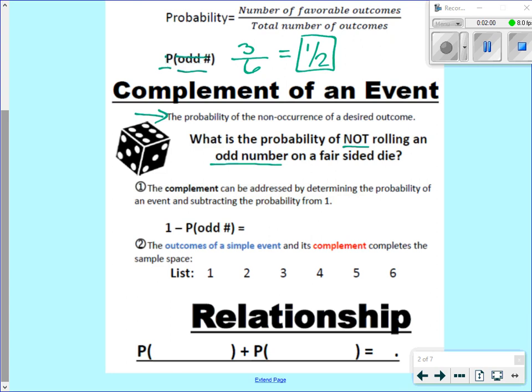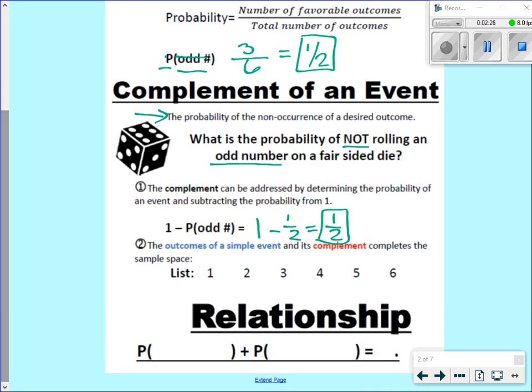The complement can be addressed by determining the probability of an event and subtracting the probability from 1. Okay, so we have 1 minus the probability of an odd number, which we found was 1 half. And so the probability of not rolling an odd number, 1 minus 1 half, is 1 half.